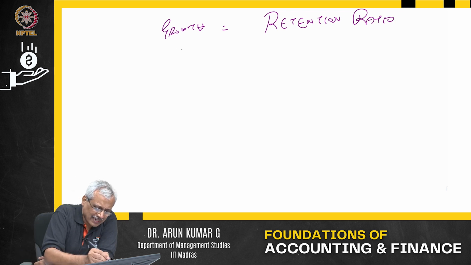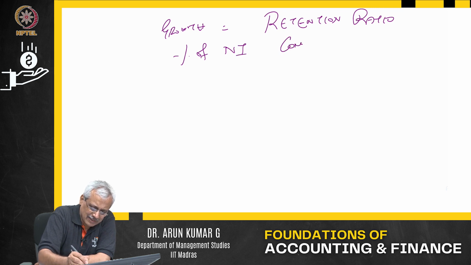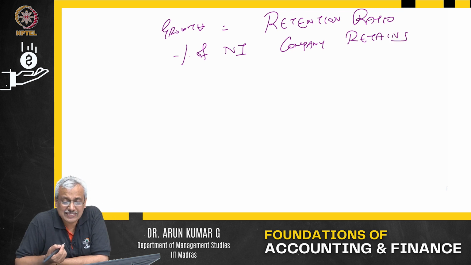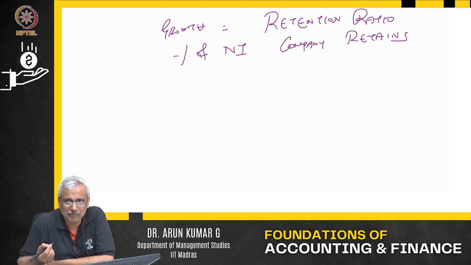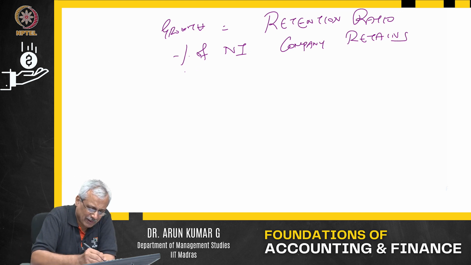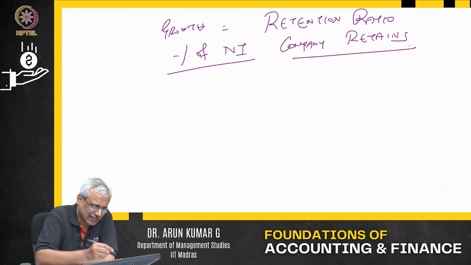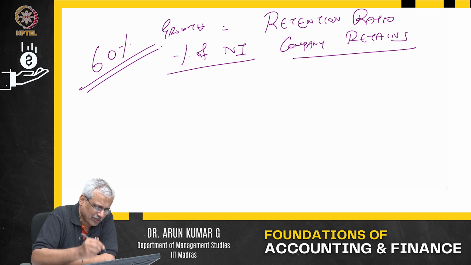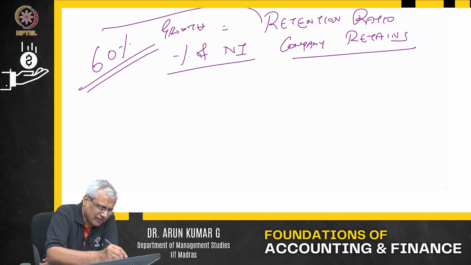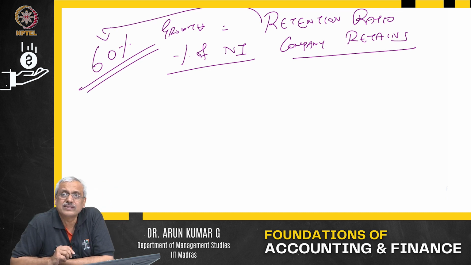That is, what is the percentage of the net income that the company retains? Because you are not distributing the entire net income as dividend, you are going to distribute only part of the net income as dividend, and part of it you are going to retain. So what is the percentage of net income that is retained? For example, my company has a policy of retaining 60% of the net income. So my retention ratio will be 60%.